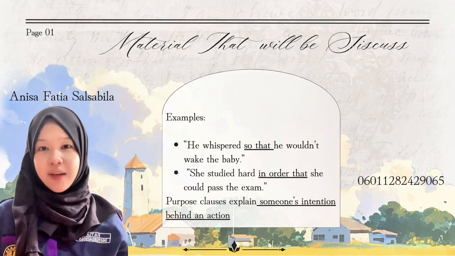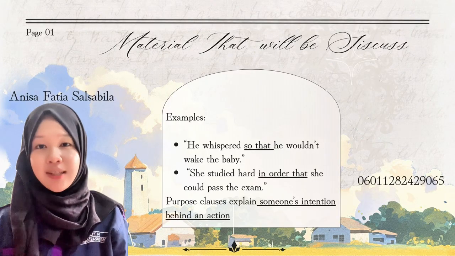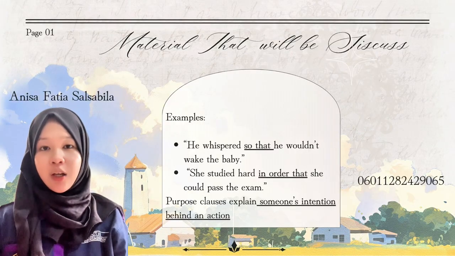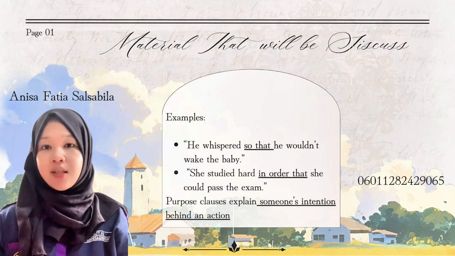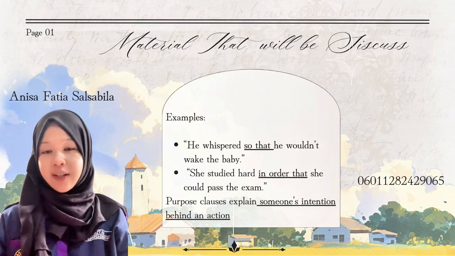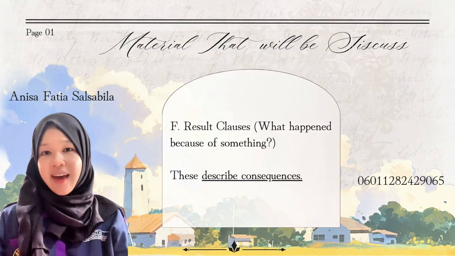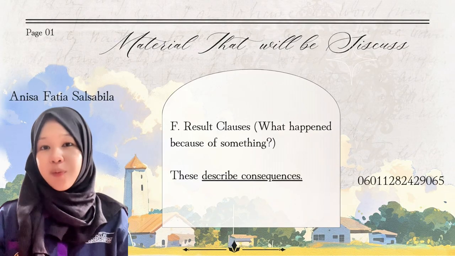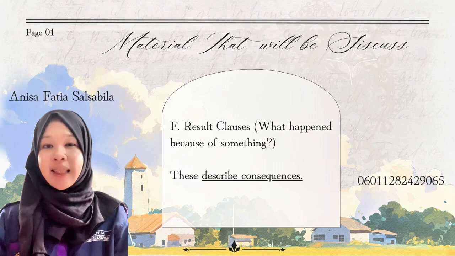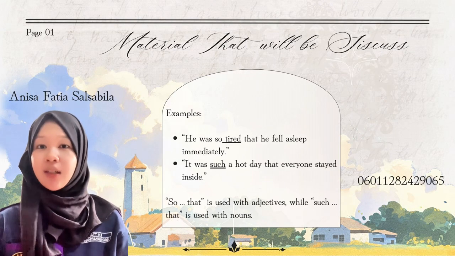The next type is purpose clauses. What is the intention? These clauses show purpose, using so that or in order that. For example, he whispered so that he wouldn't wake the baby. And another example, she studied hard in order that she could pass the exam. Purpose clauses explain someone's intention behind an action. And the last type is result clauses.